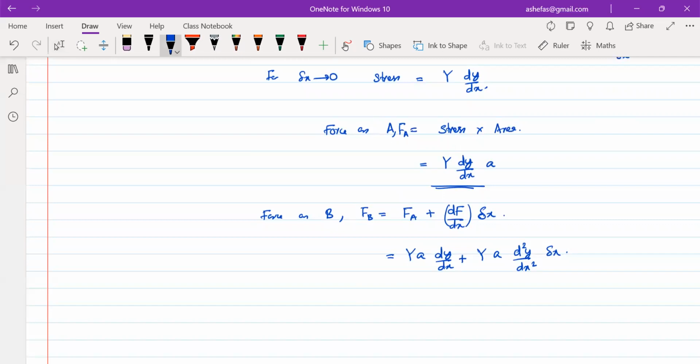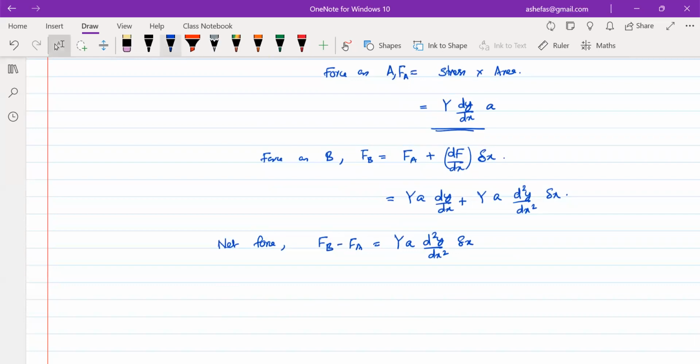So therefore the net force can be FB minus FA. The net force would be equal to FB minus FA. This Y a dy by dx would cancel. That would be equal to Y small a d square y by dx square times delta x.